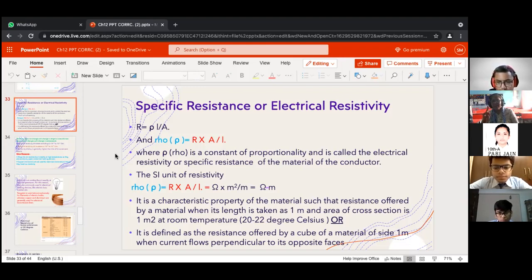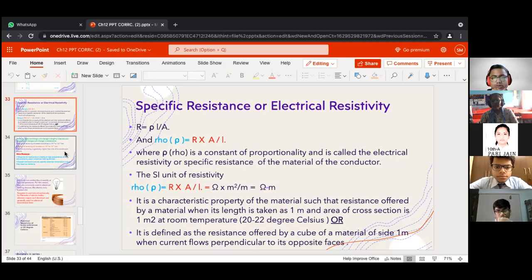And what is the area we have kept? Meter square. Right? Then whatever the material is offering, that resistance will be known as its specific resistance. That's why the name specific resistance has been given. Resistance offered by a material at particular conditions is known as specific resistance.